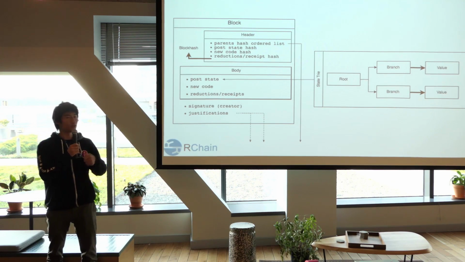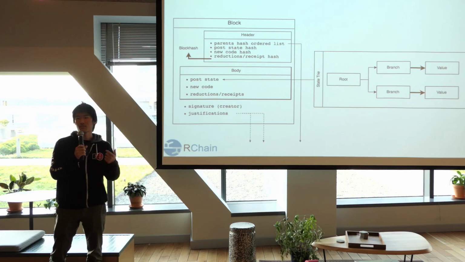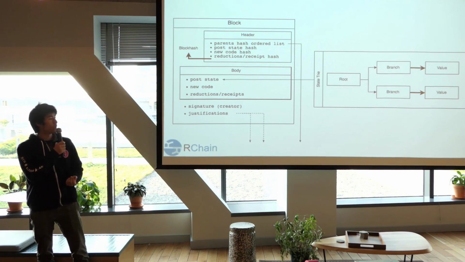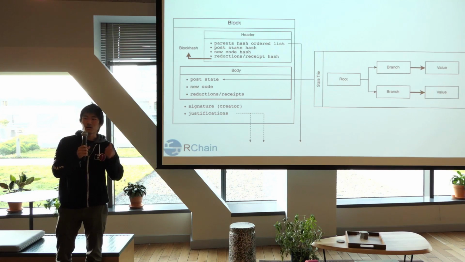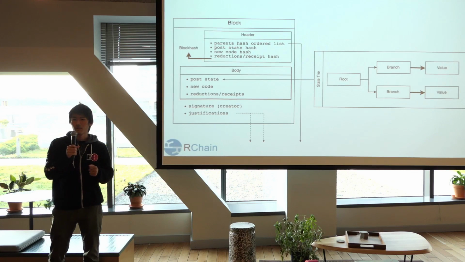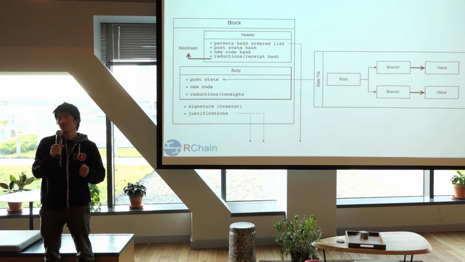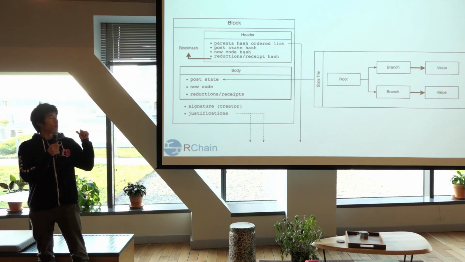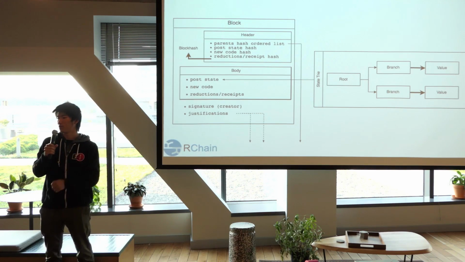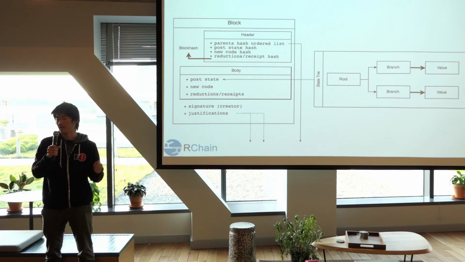So we see the equivalent new code hash, the post state hash, the reduction receipts trie hash. The only really new element in that header is the parents, which is what this block's parent is. In RChain, we allow for multiple parents, so it's a parents list.